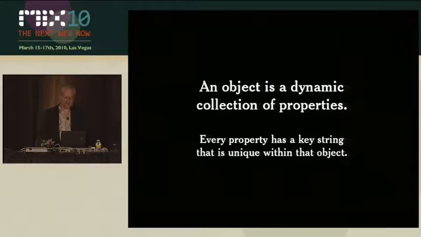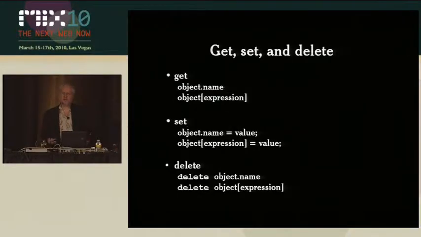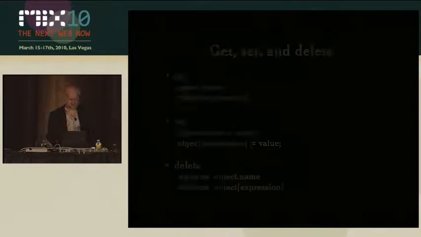And each property has a key string which is unique within that object. And they're completely dynamic. So you can get any property that an object has simply by asking for it. You can add or replace properties simply by assigning to it, and you can delete properties from an object. So every object's like a little database, a little hash table, wonderfully expressive, powerful notation.